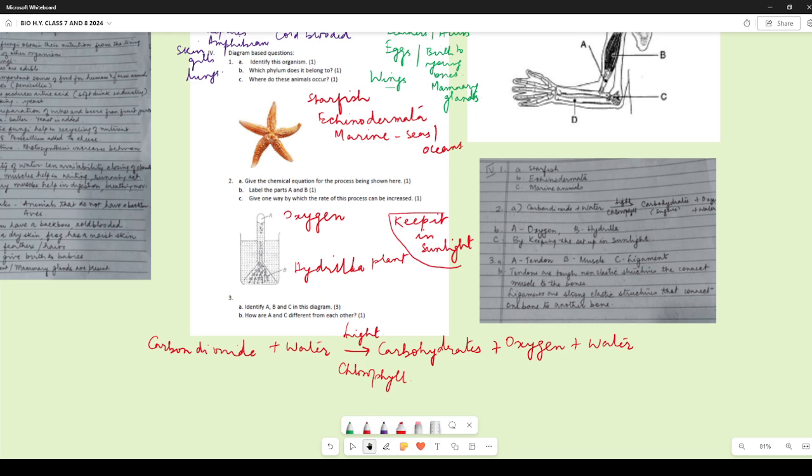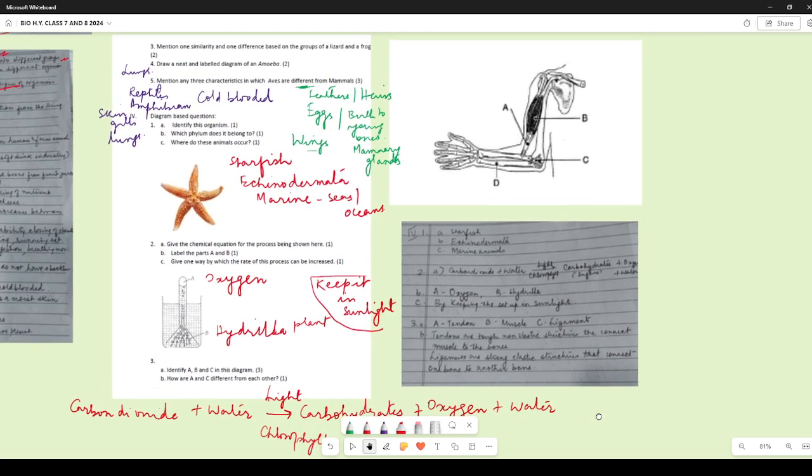Let us take up this last question over here. Identify A, B and C over here. So A, you can see, is the tendon. It attaches the muscle to the bone, that is a tendon. Now C, you have to identify, C is a ligament. It attaches a bone to the two bones.